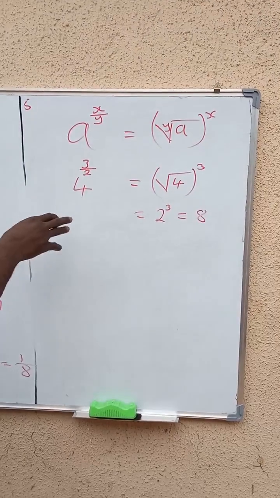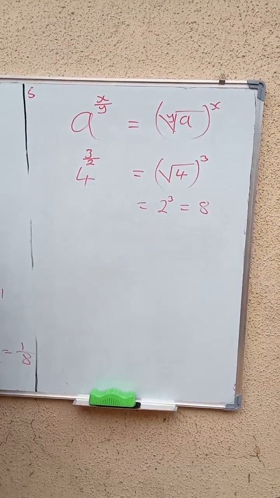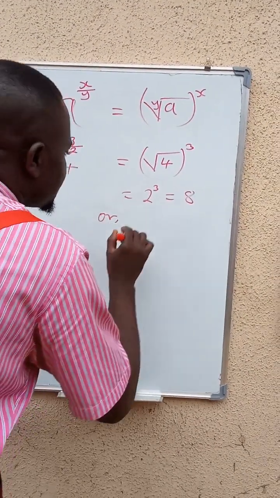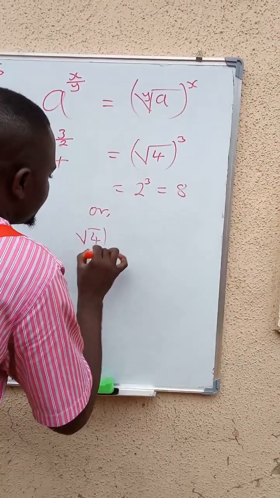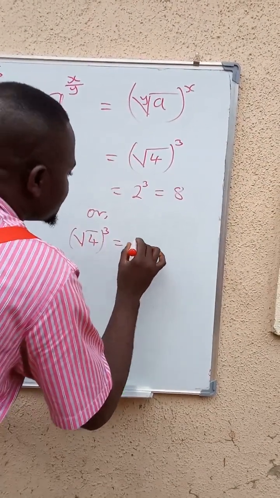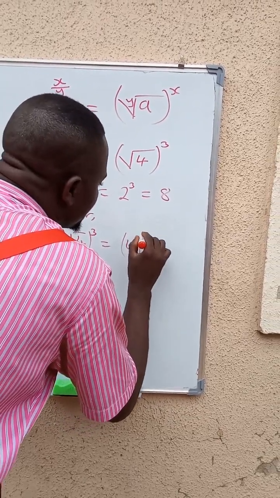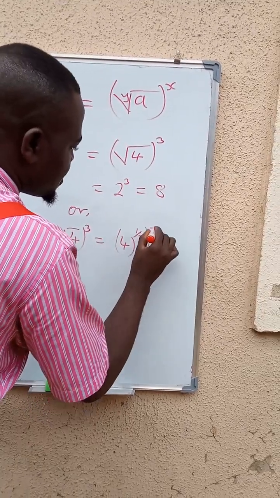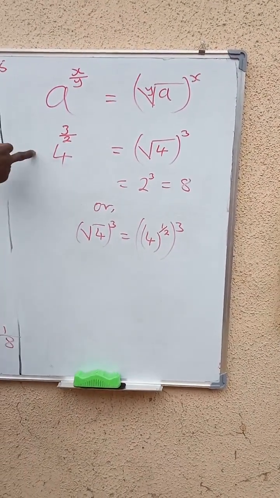There's one thing I want to explain here. This root can be 1 over 2. Let me do it another way around. The square root of 4 raised to the power of 3 is the same thing as 4 raised to the power of 1 over 2, raised to the power of 3, which will bring us to this place.